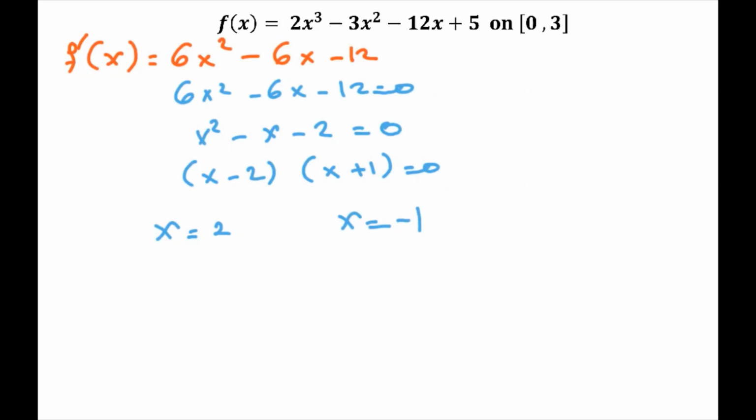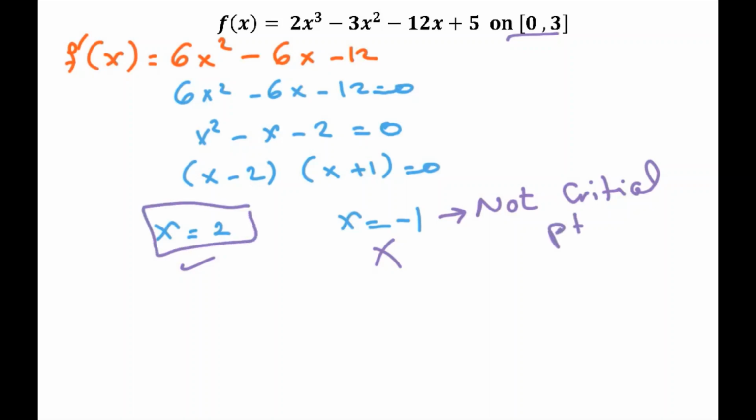We need to check whether these points are within the interval. We will notice that this is between 0 and 3, but this is not. So this is not a critical point. So we have only one critical point. Now we need to find f of 0, f of 2 as a critical point, and f of 3.